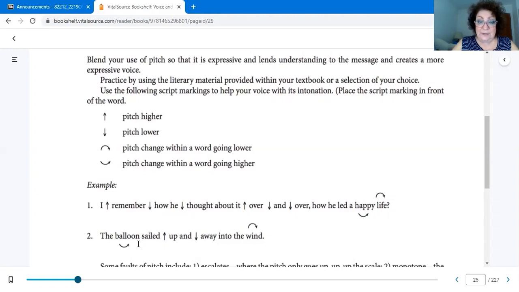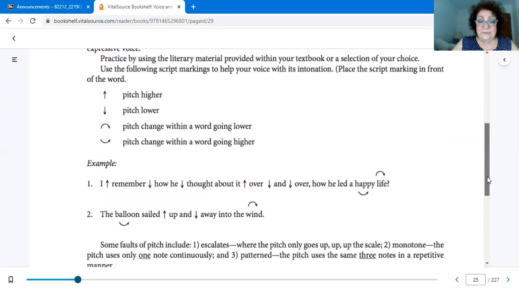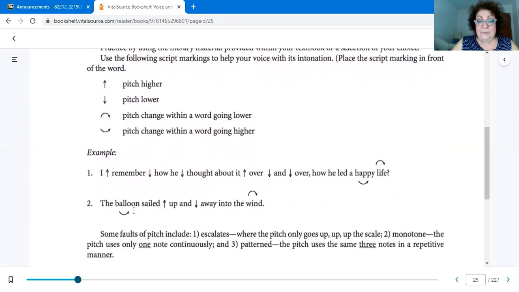And we'll do that in a minute. I'll repeat. I remember how he thought about it over and over, over and over. Here it went down, down, down. How he had a happy life. And the next one, I won't do the one we didn't learn. I'm just going to go up and down.